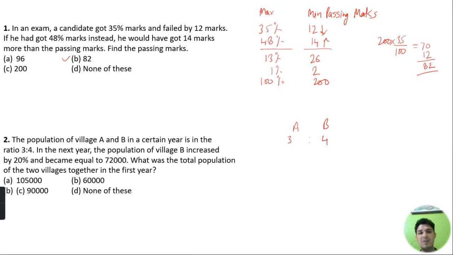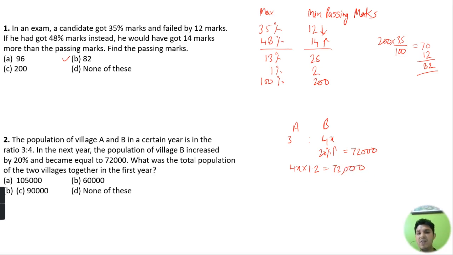In the next year, the population of village B increased by 20%, so we can write it like this, and it becomes equal to 72,000, right? If we assume that the population in the certain year was 4x, then 4x when increased by 20%, that means 1.2, becomes 72,000, right?